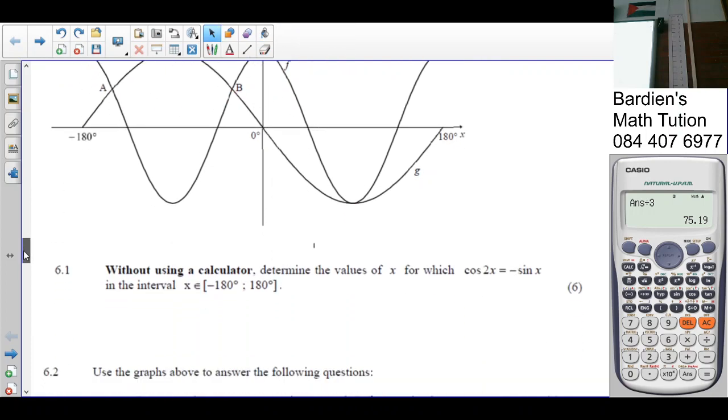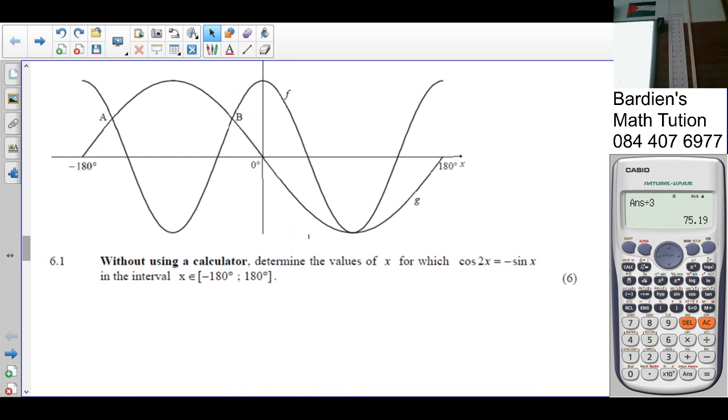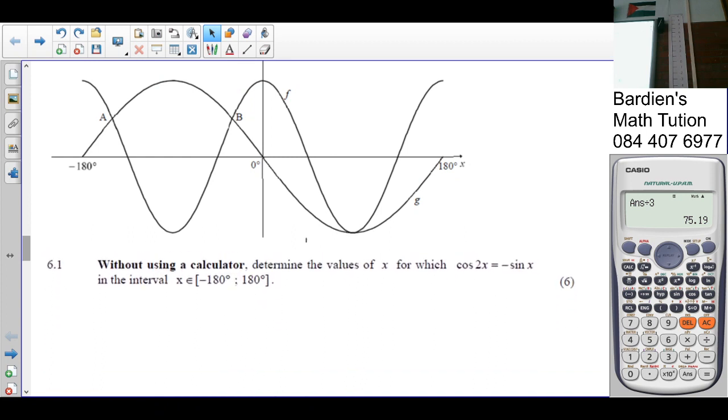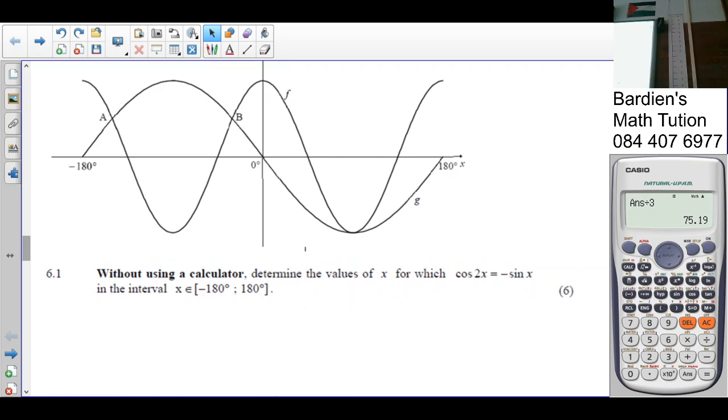First question, let's go. In question 6.1, we are told, without using a calculator, determine the values of x for which cos 2x equals negative sin x in the interval x is an element of negative 180 to 180, which means to say the interval the graph is drawn in.